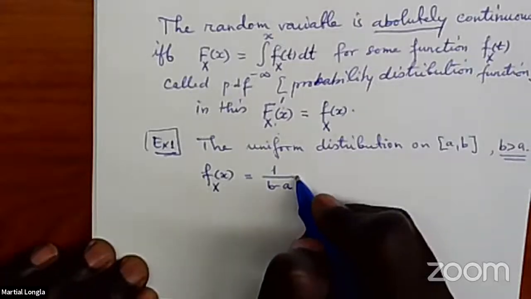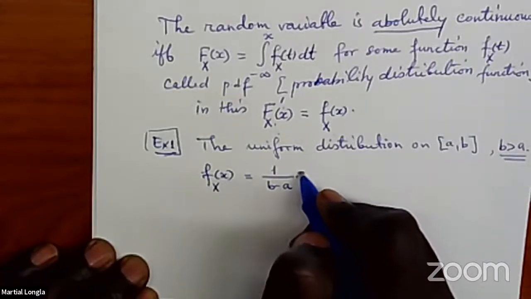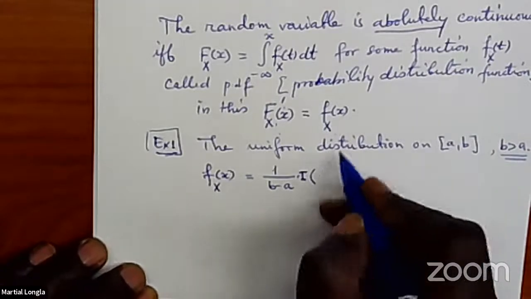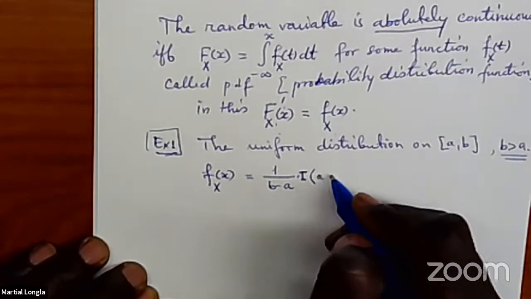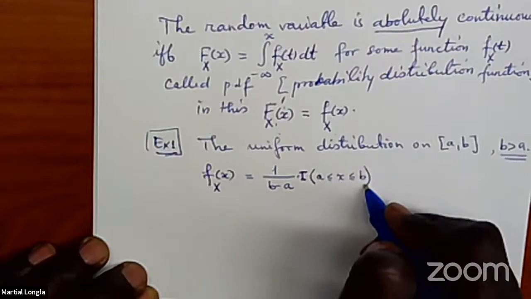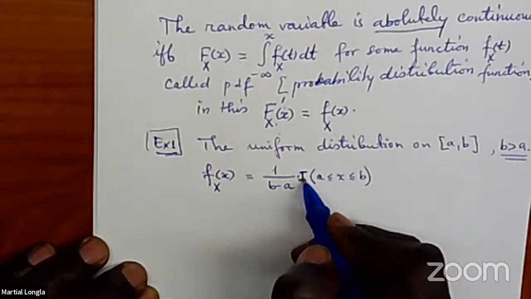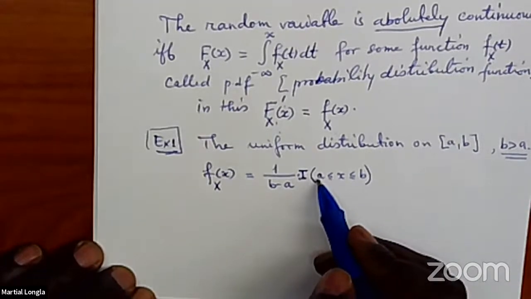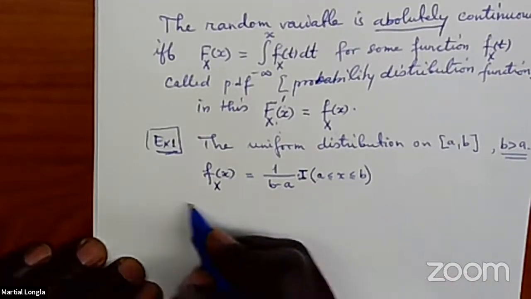So times I of a less than or equal to x less than or equal to b. This is what we call the indicator function of the set A. Okay?